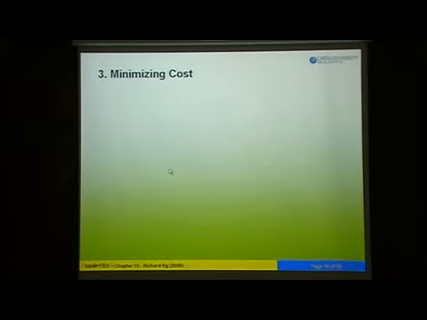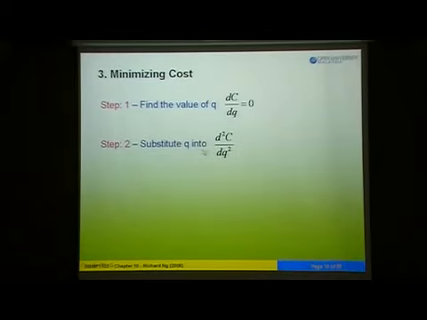Now next we go to the next topic, minimizing cost. Right? So in order to minimize cost, there are a few steps here. Step number 1, we need to first find the value of q when dC/dq equals 0. Next we need to substitute into d2C/dq squared. Remember, when d2C/dq squared is positive, then it is minimum.